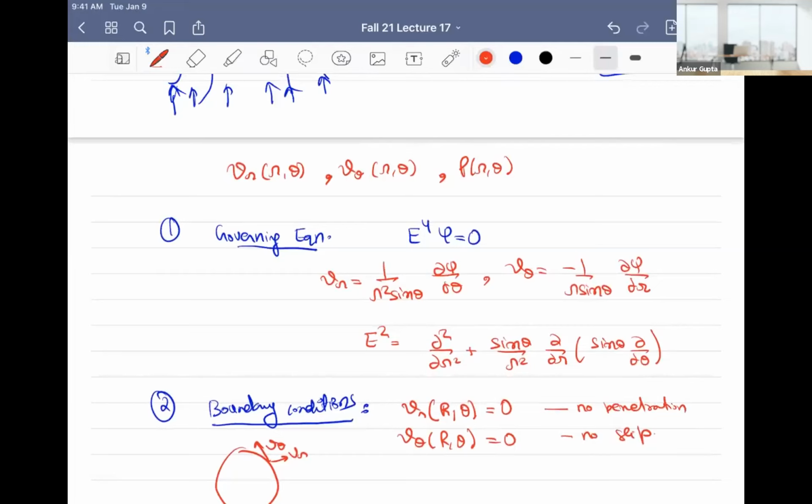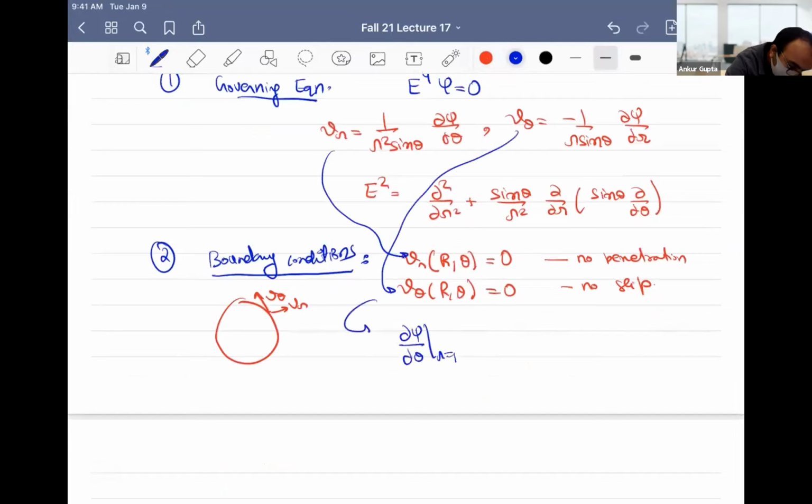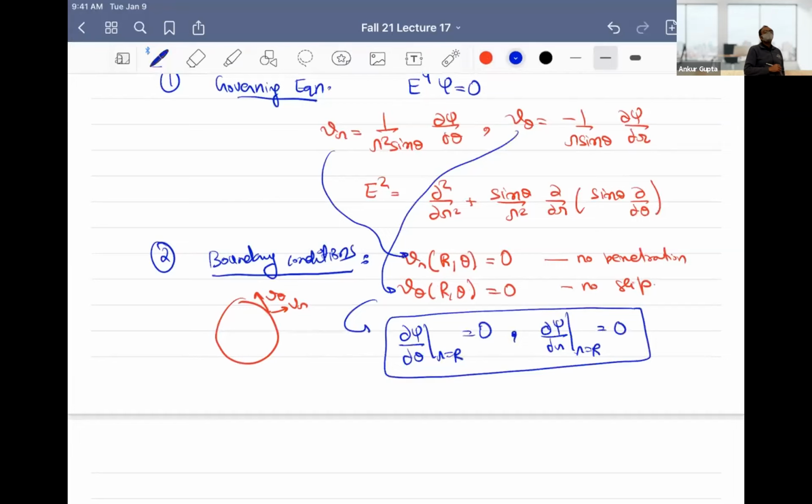And if I substitute the formula for V theta, I'll get del psi by del r is equal to 0. Makes sense? So you substitute this here and here to conclude that del psi by del theta at r equal to R is 0, and del psi by del r is 0. Does that make sense?